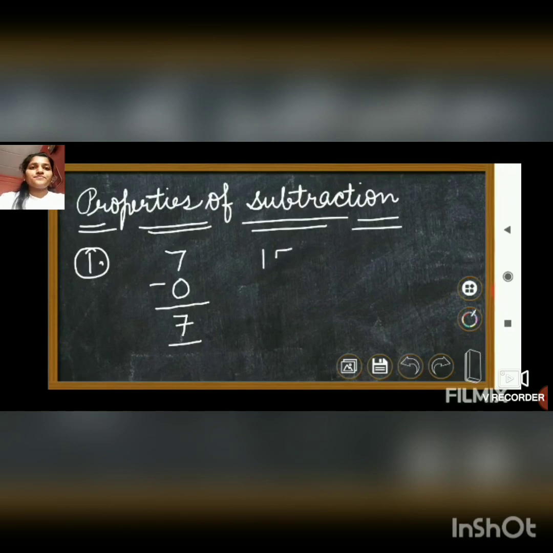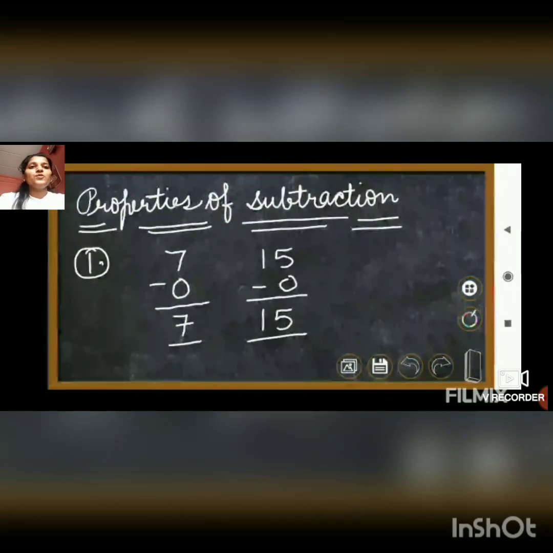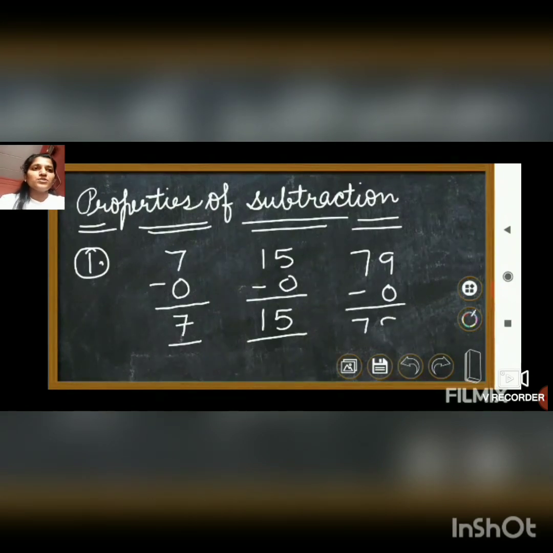As we have subtracted 0, second we are taking 15. So 15 minus 0 is 15. We can take any number, subtract 0 from it, and we will get that same number as the answer. So here 79 minus 0, we get the same number as the answer, that is 79 only.